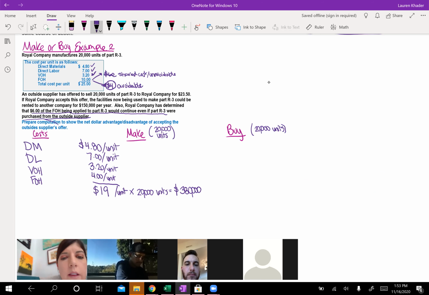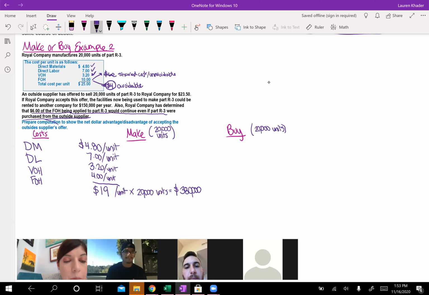Right now, if you look at the cost to make, $19 per unit versus the cost to buy, $23.50, you would automatically just jump and say, hey, it's cheaper to make. Let's not even finish our analysis, right? What are we forgetting in our analysis on the make side? We have the opportunity to rent the facility.